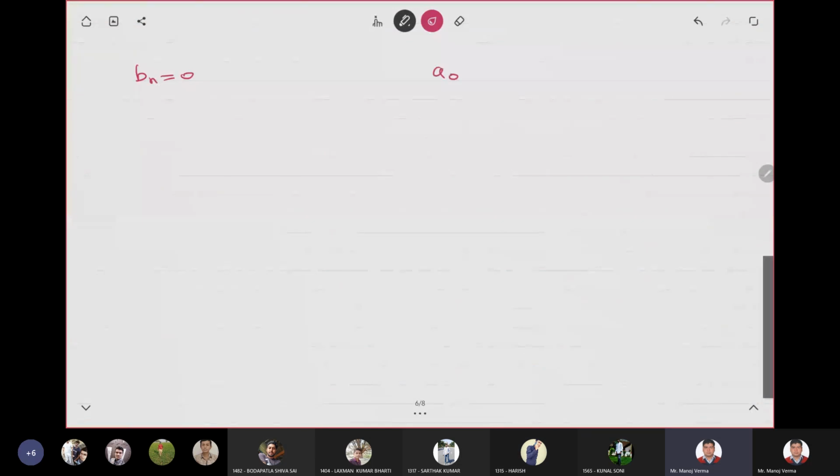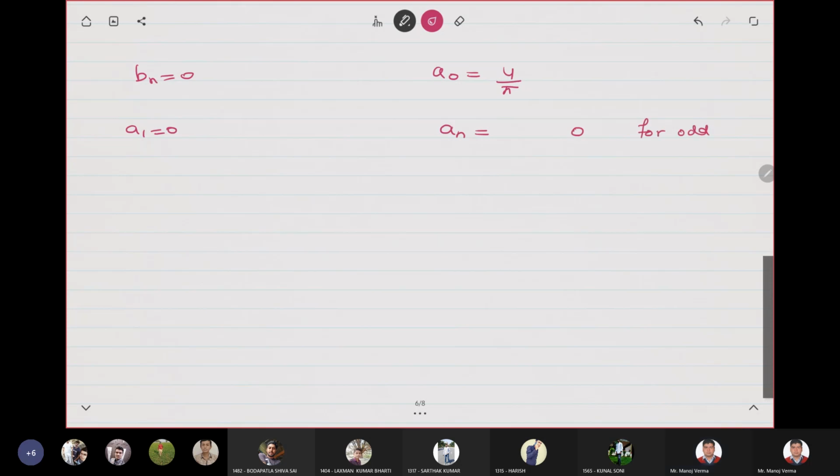If you remember, value of a naught was 4 by pi. Value of a1 was 0, which we have calculated manually, and value of an was 0 for odd n and minus 4 by pi times n square minus 1 for even n.